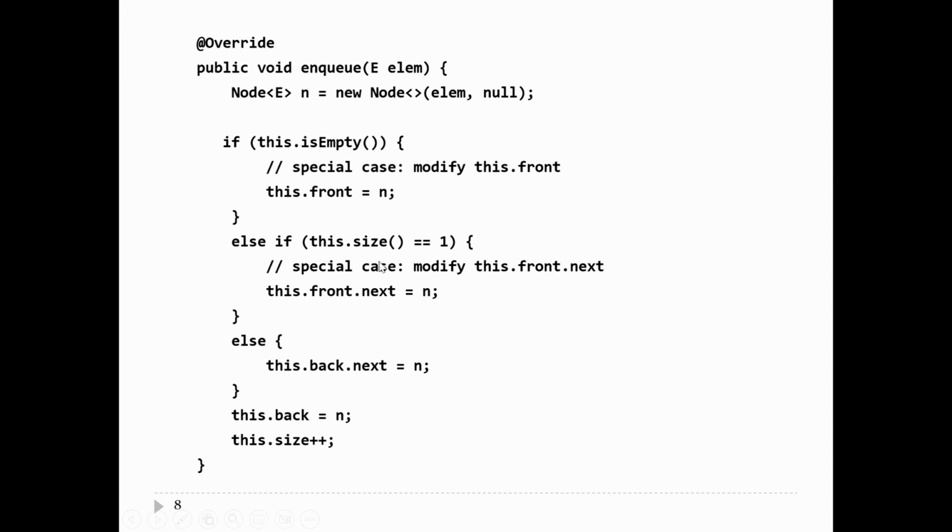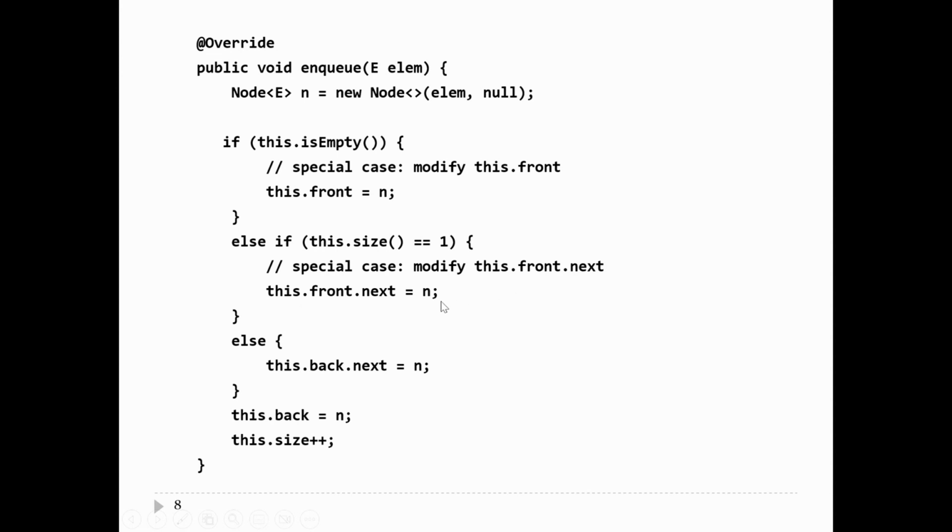If the size of the queue is 1, you've got another special case, I think. I wonder if that's true. I have to go back and check if this is true. So if the size of the queue is 1, you also have to make the front node point to the next node as well, because you've adjusted this.back here, but now you need to adjust this.front as well.